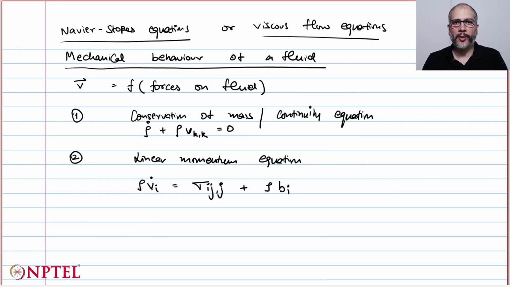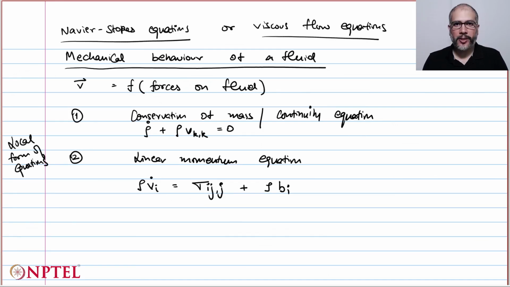Now, of course, this is the local form of the equations. That is, these equations that we have written, 1 and 2, are valid at each and every point inside the body. So this sigma that I've written here is the stress tensor or the stress field at different points inside the body. Of course, this includes the surface as well, but that typically will be specified as a boundary condition in the problem.